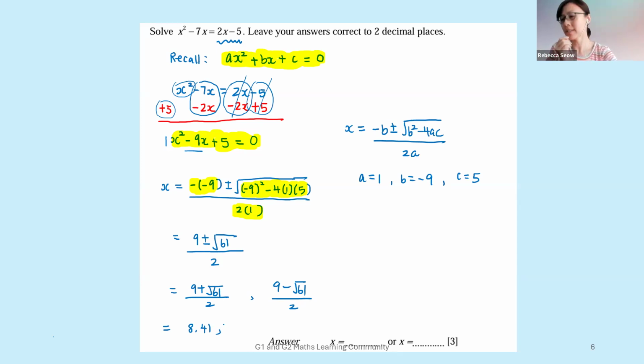So I round off to 2 decimal places. I have 0.59. So I put my rounding as 2dp. Two solutions, x equals 8.41 or x equals 0.59. So that's how I work these questions out.